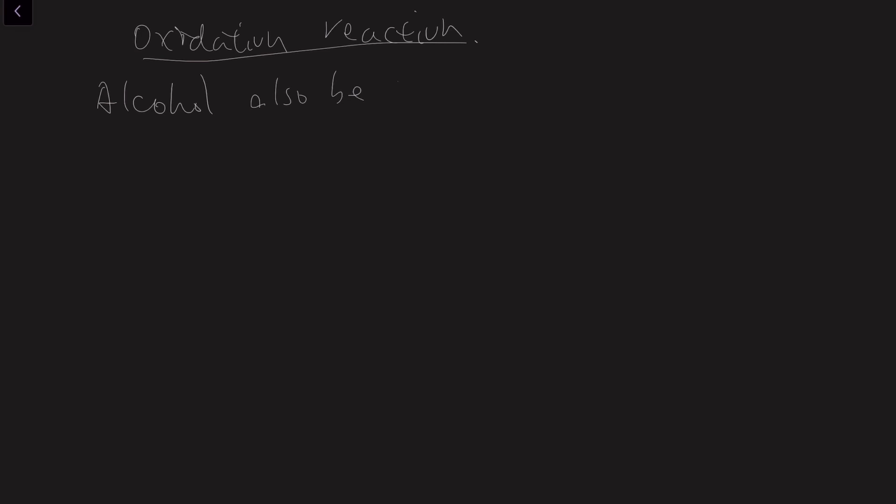The next type is oxidation reaction. So we have looked at combustion reaction as oxidation reaction. But if we have alcohol, it can also be oxidized by strong inorganic oxidizing agents.